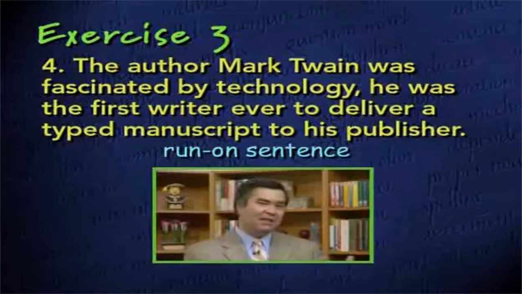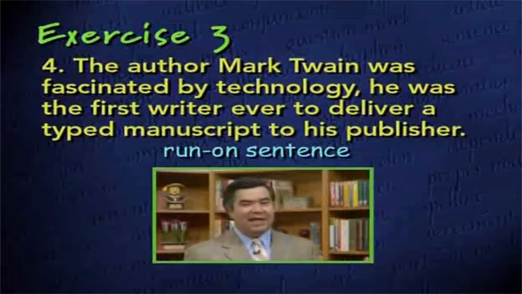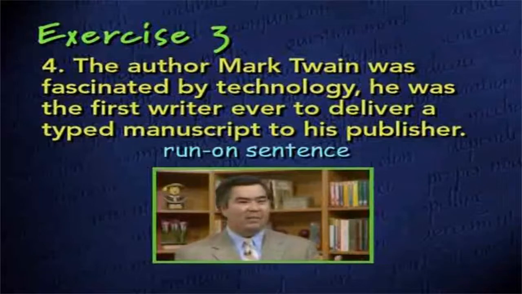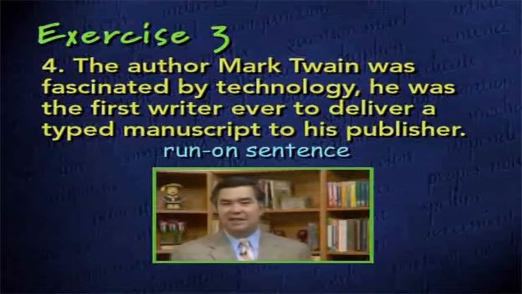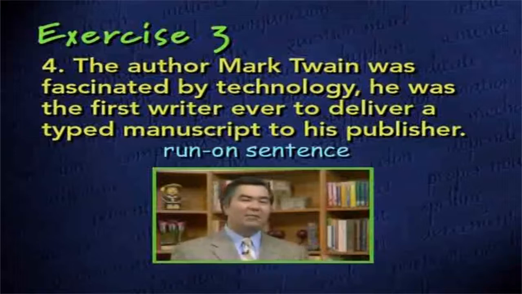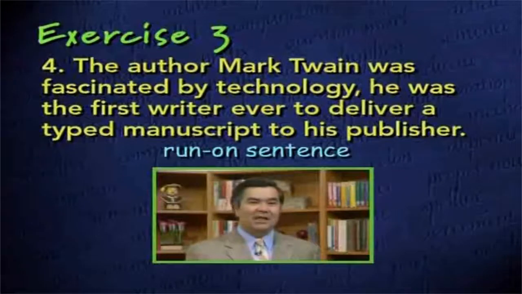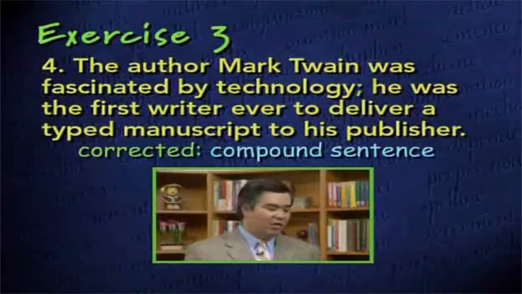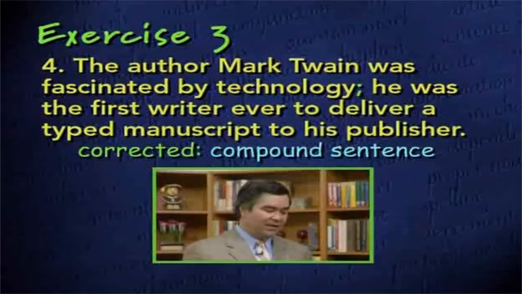In this case, using a semicolon would probably make the most sense, since and, or but do not work particularly well as connecting words in this sentence. Instead, using a semicolon to turn this into a proper compound sentence would be a good way of correcting the run-on sentence. It would then read, the author Mark Twain was fascinated by technology; he was the first writer ever to deliver a typed manuscript to his publisher. And that would be correct.